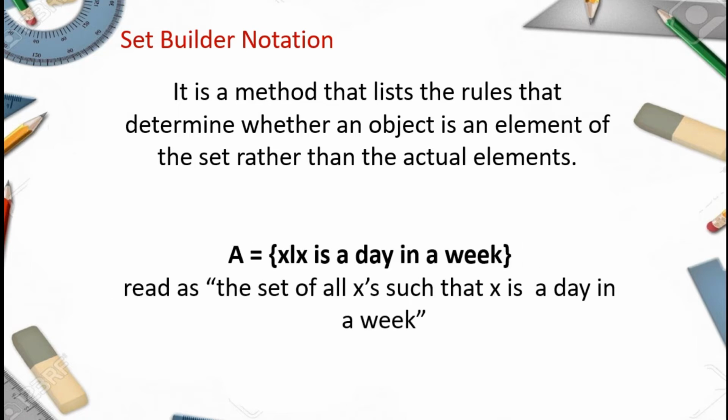For example, set A is a set of all x's such that x is a day in a week. So instead of writing Monday, Tuesday, Wednesday, Thursday, Friday, Saturday, or Sunday, we just set a rule for those elements.